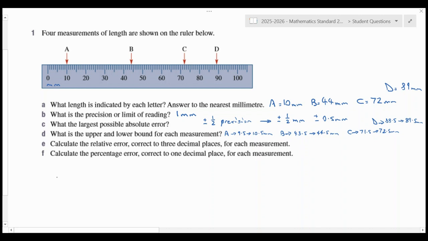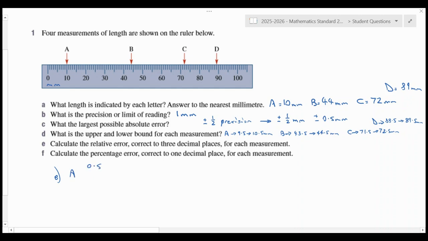Okay, so calculate the relative error. I'm going to do these ones down here because I'm going to run out of space otherwise. Calculate the relative error correct to 3 decimal places. So the relative error is our largest possible error over our actual measurement. So we have 0.5. We'll do A first.